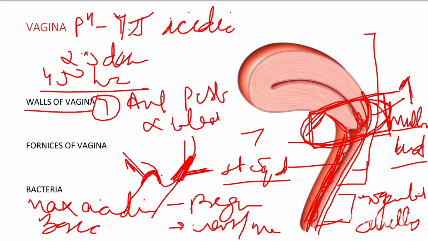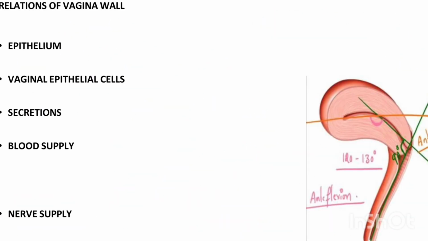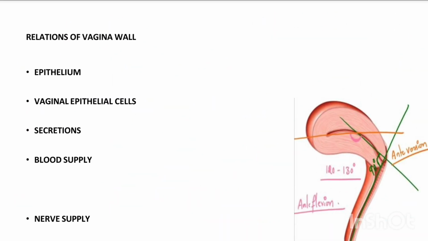As we discussed, what is the relation of the vaginal wall? Anteriorly, this is the urinary bladder. This is vagina, anterior, and this is the posterior wall.